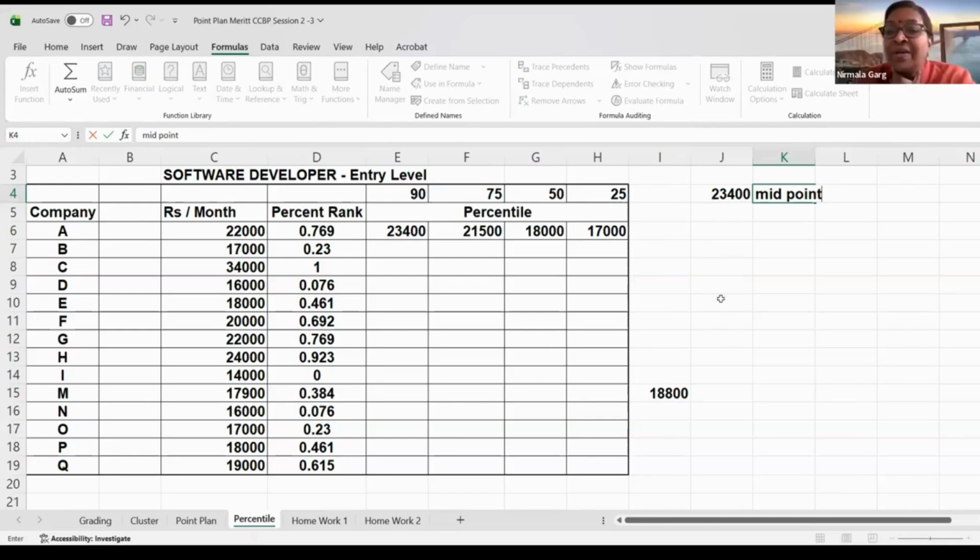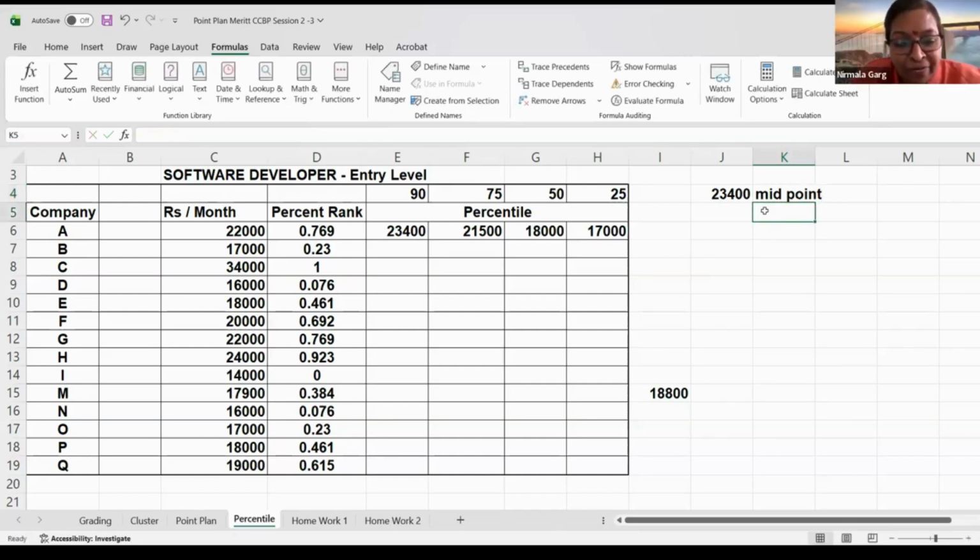Yes, Avik, tell me. I was just wondering, why is this 23,400 the midpoint for an entry level software developer?